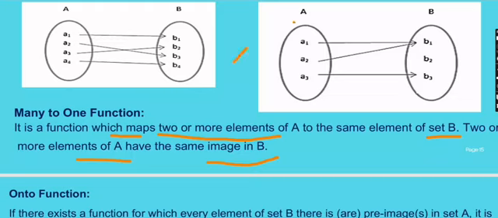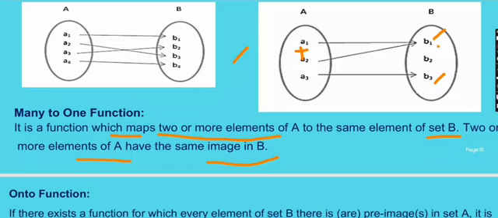See, this is the example for many-to-one. The elements are A1, A2, A3, and B is nothing but B1, B2 and B3. In order to get my output as B1, I need the combination of A1 and A2. Can you follow? A3 to B3 represents one-to-one, but A1, A2 giving B1 represents many-to-one.